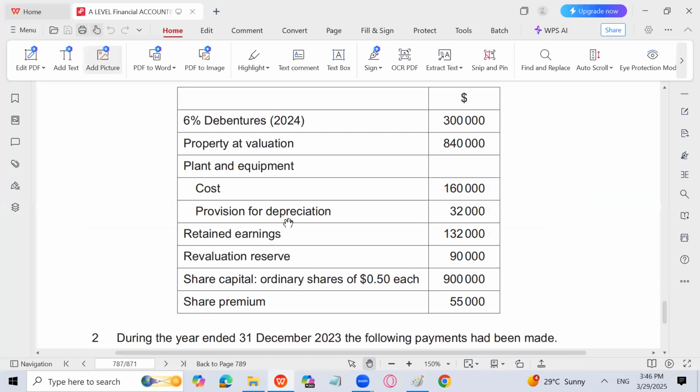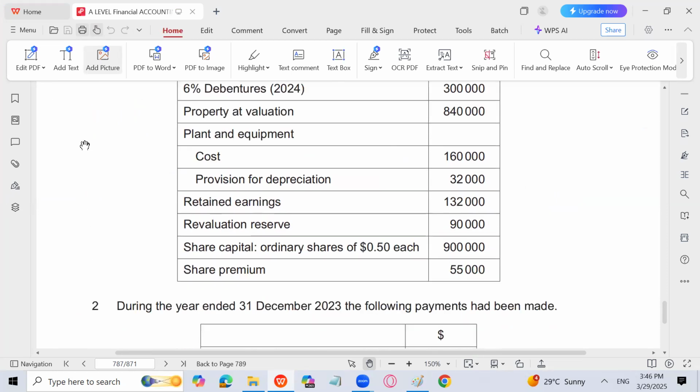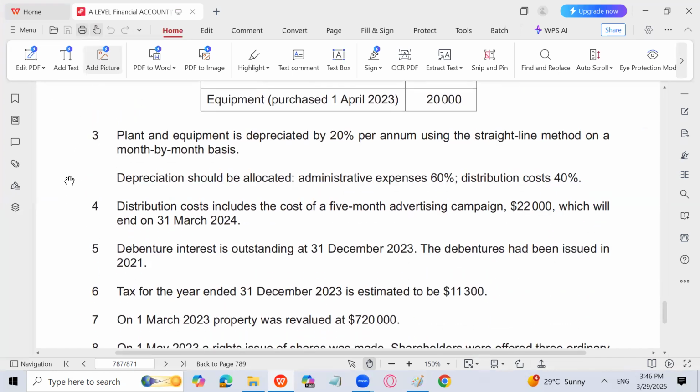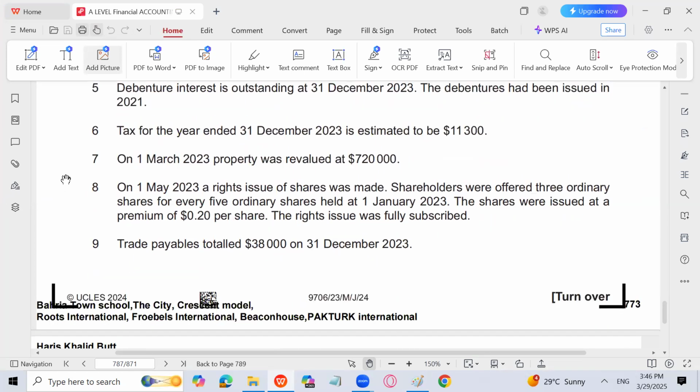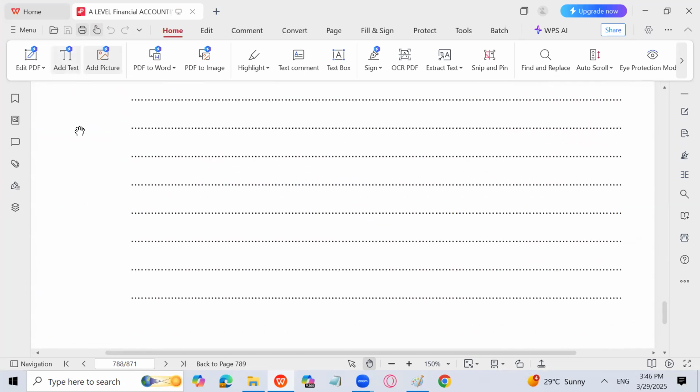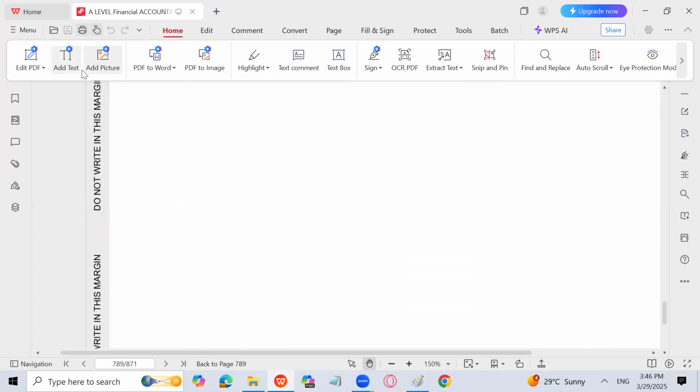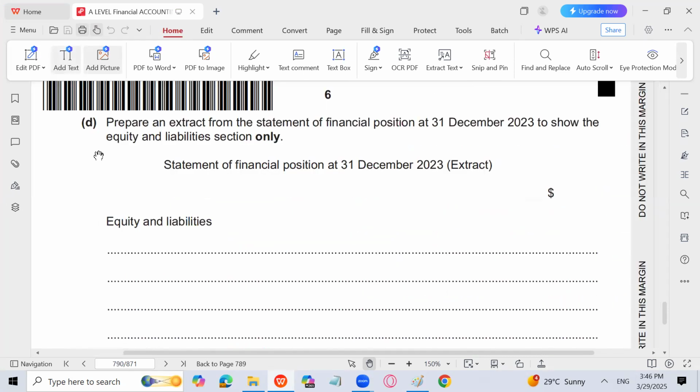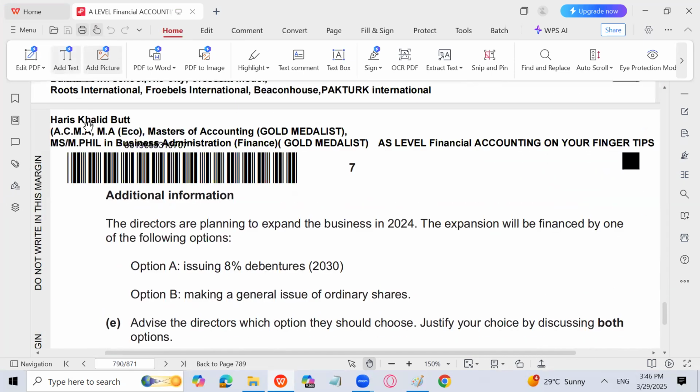Now the property is going to be 7,20,000, and the plant and equipment will be 1,80,000 minus the total depreciation, whatever it is going to be. And then comes, okay, we can't do that. Why? Because the current asset section is not available with us. So that's why he didn't give us the proper information also, and he didn't ask us to prepare the asset section. I said, well, perhaps we could make it to explain, but no.